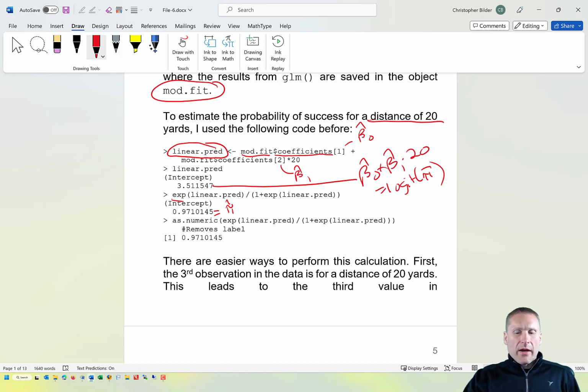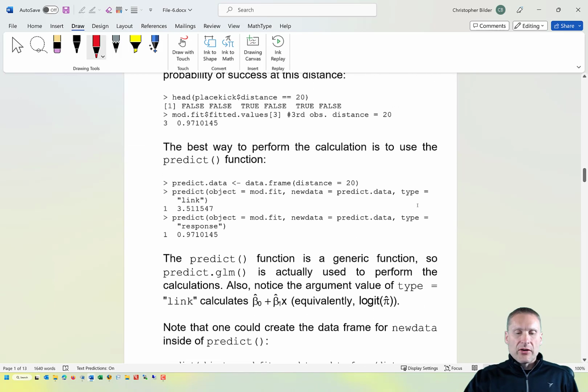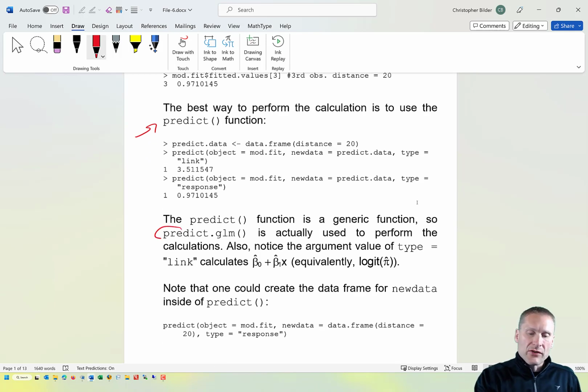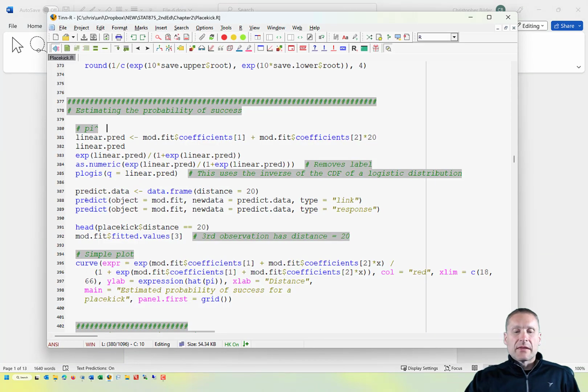There are easier ways to perform this particular calculation. In particular, I'm going to focus on using the predict function. The predict function is a generic function in R because there are many different kinds of models out there where you want to do some kind of prediction, and so that's why it's called predict. The corresponding method function that's actually doing the calculations for us is called predict.glm. Okay, so let me go over here to R and do the calculations.